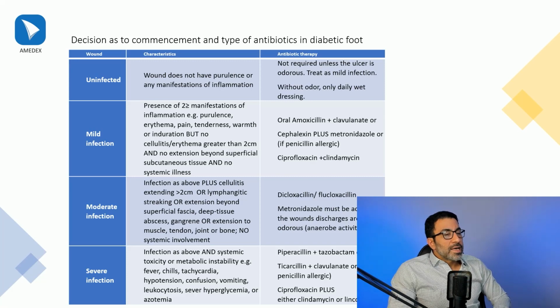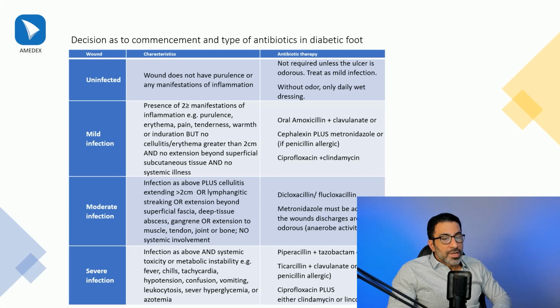Okay, for the second category, mild infection, how do we define mild infection? We have an ulcer, we have a wound, and we have 2 or more of the manifestations of inflammation, which are purulence, we have secretions, erythema, redness, pain, tenderness, warmth. You touch the wound, it feels warm to touch.